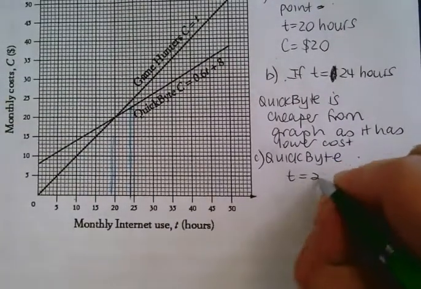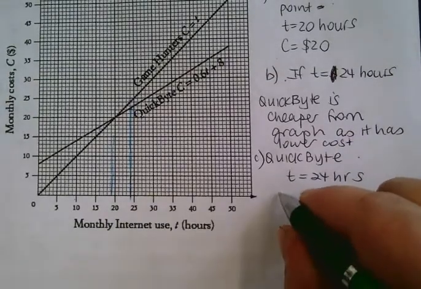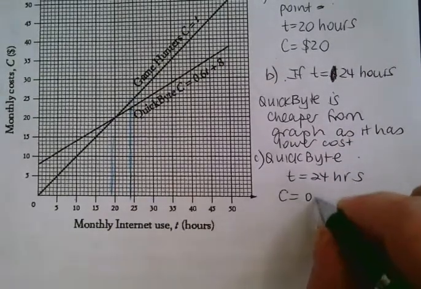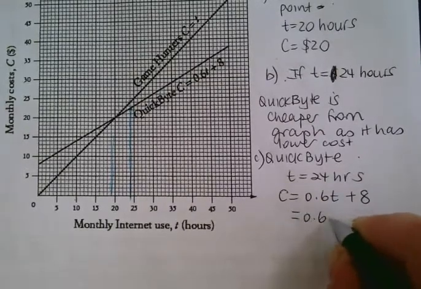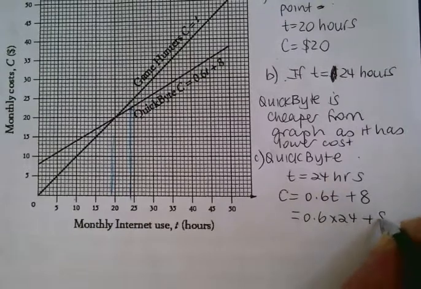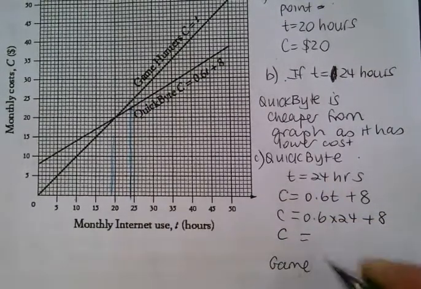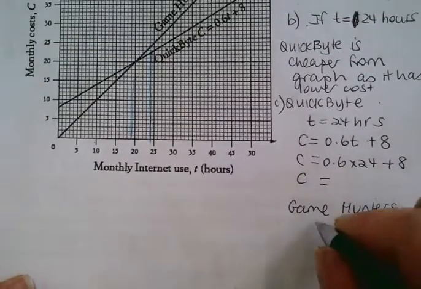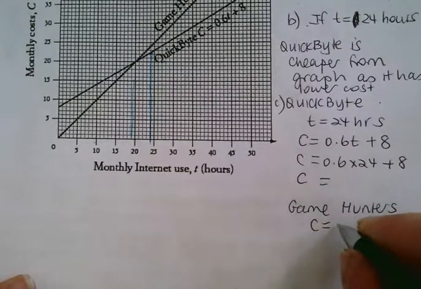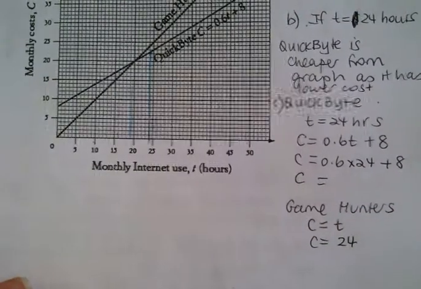So using T is 24 hours, for Quick Bite C equals 0.6T plus 8, 0.6 times 24 plus 8. And you can use Game Hunters as well to work out how much it costs for 24 hours. C equals T, in other words, C equals 24.